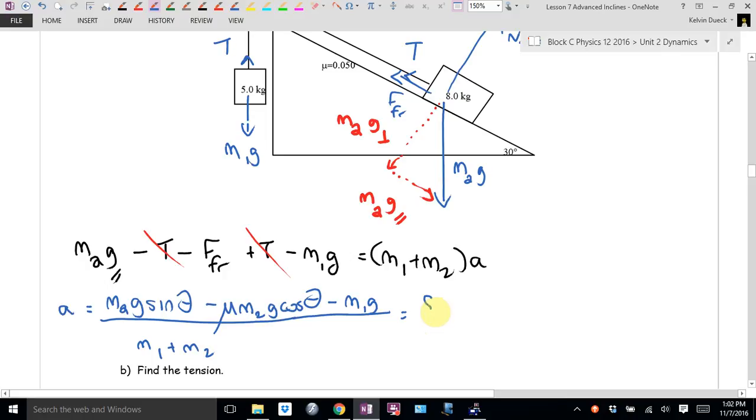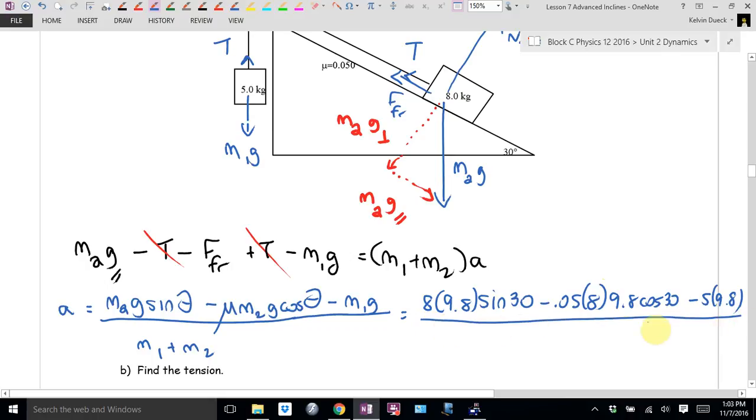M2, 8 times 9.8 sine 30 minus 0.05 times 8 times 9.8 cos 30 minus 5 times 9.8 all over.